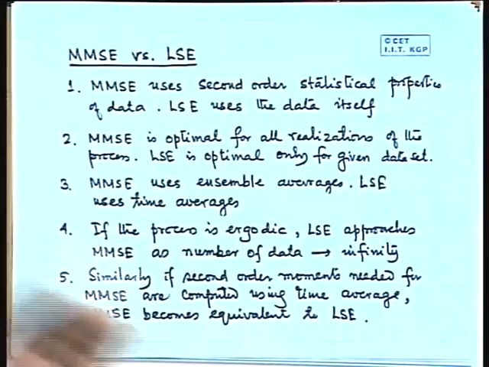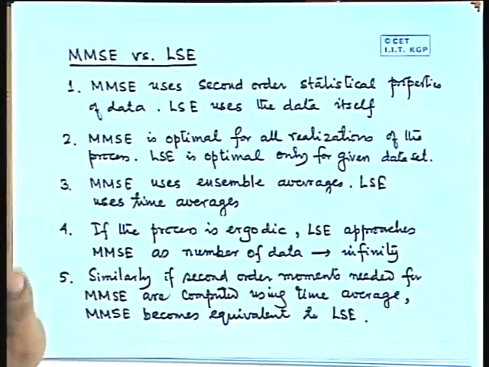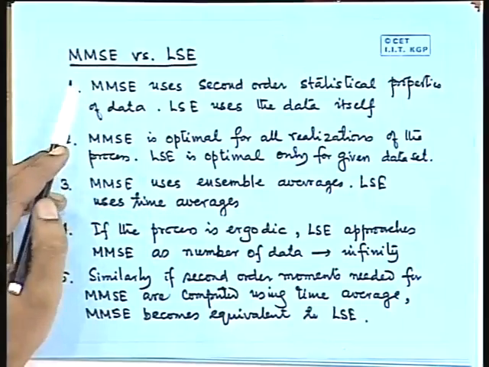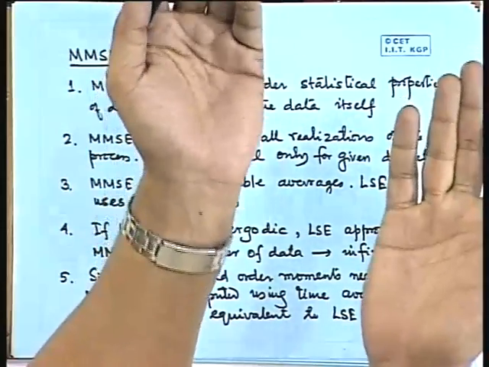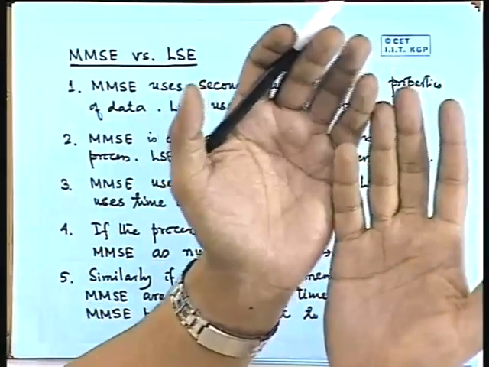Now that we understand this basic concept, we can realize these points. Obviously, if we are talking about the whole stochastic process, that is all realizations, and we want a solution which will be optimal over all possible realizations without talking of a particular data set, then naturally I have to know the property of the stochastic process itself.